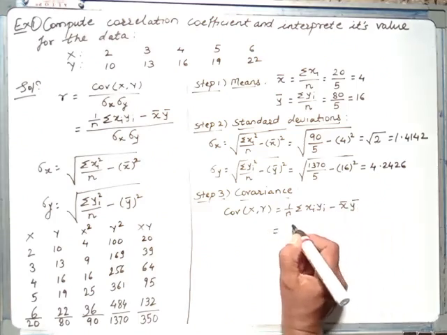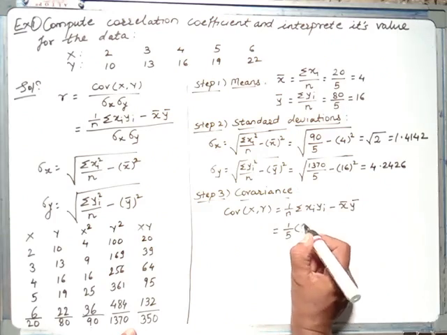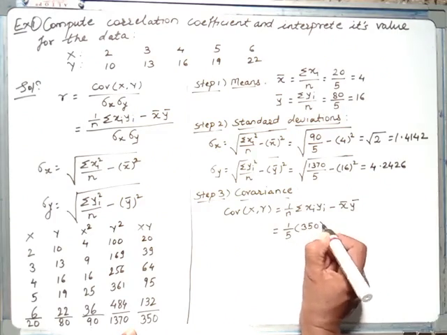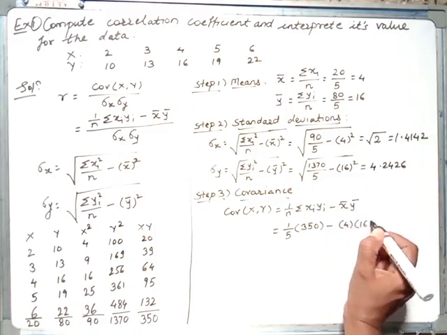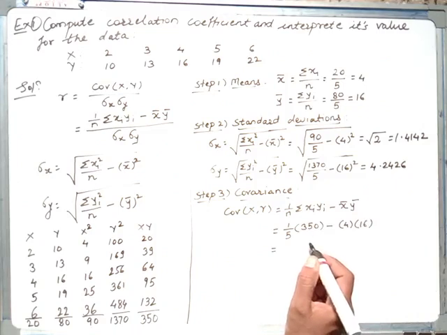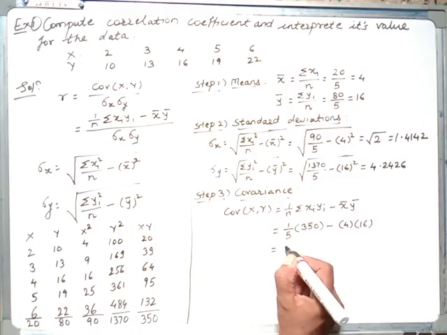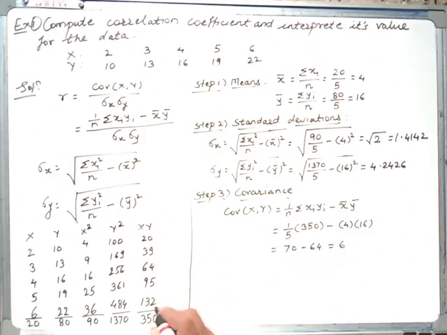So it is 1 by 5 times summation, which is 350, minus x bar, which is 4, into y bar, which is 16. So this is 70 minus 64. So it will be 6.